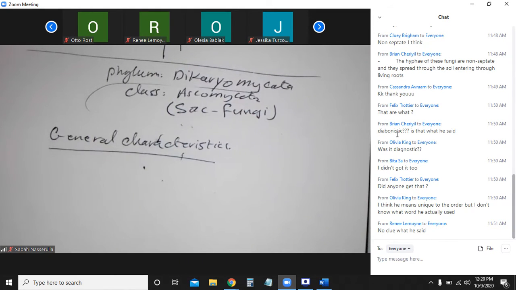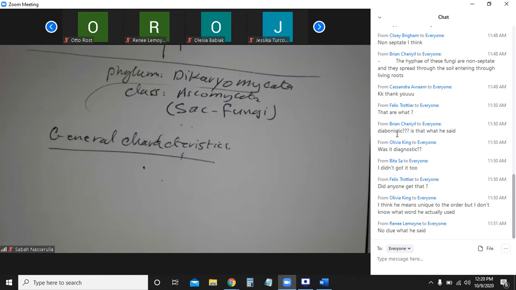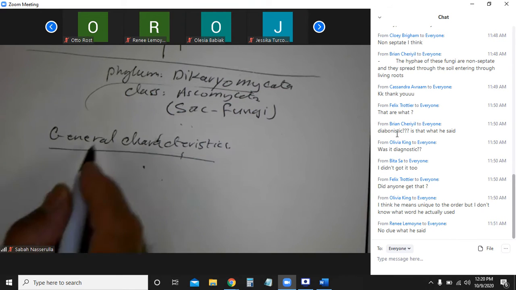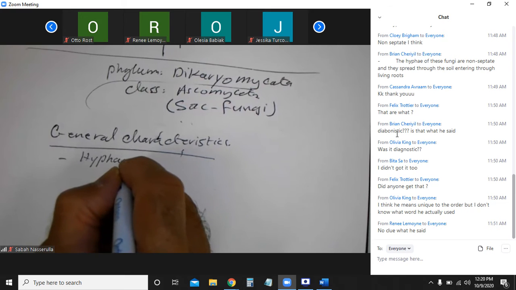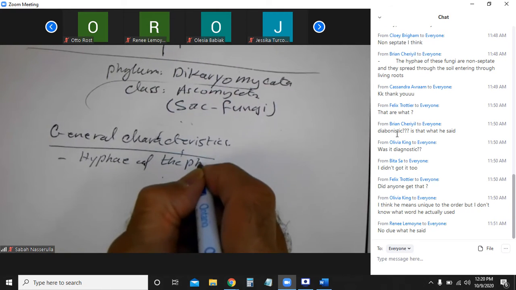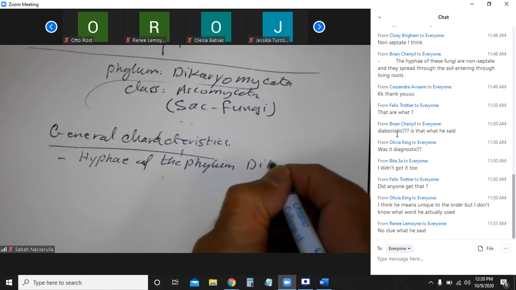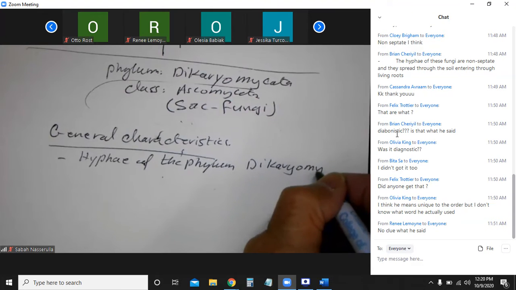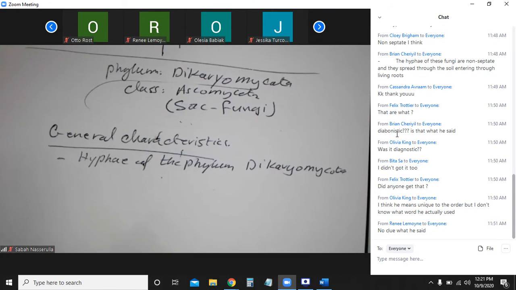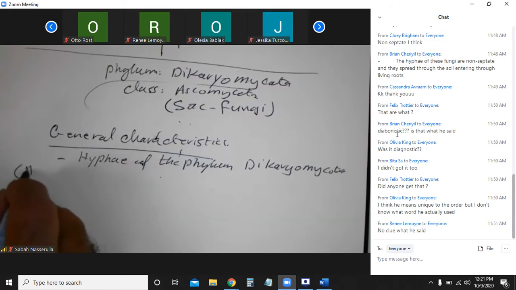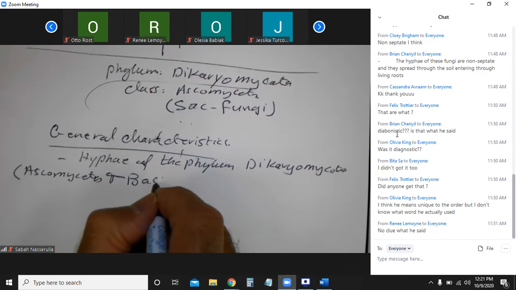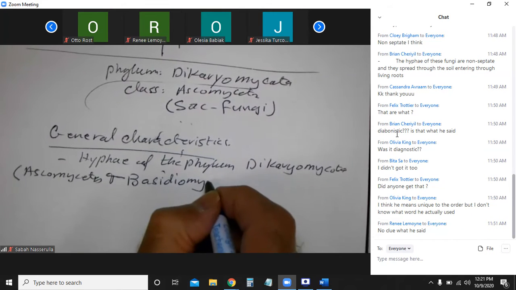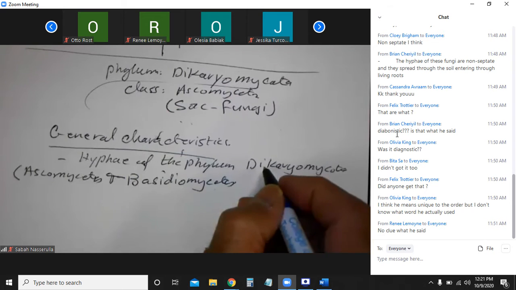In general, the hyphae of the phylum Dikaryomycota, which of course includes both the ascomycetes and the basidiomycetes, are narrower.